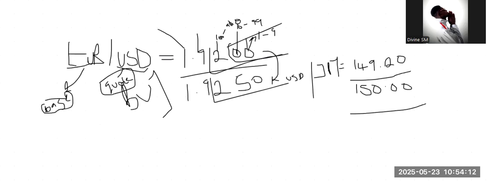I told you that this place is your 100. 150 minus 149 is what? 1, plus this 20.